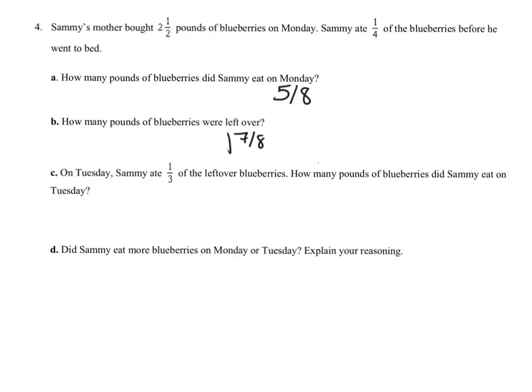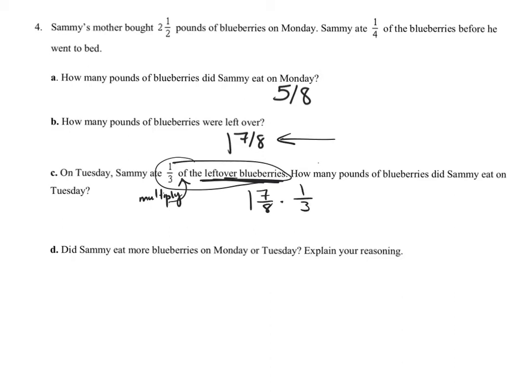Okay, part C. On Tuesday, Sammy ate 1/3 of the leftover blueberries. How many pounds of blueberries did Sammy eat? Well, you should see that 1/3 of, once again, triggering in your brain, multiply. It's of the leftover blueberries, which is your answer here. So you have 1 7/8 times 1/3.